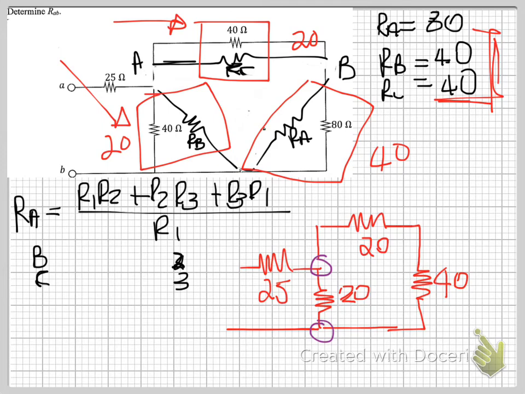We need to find the parallel between 20 and 60, right? So 20 in parallel with 60 is equal to 15 ohms, right?